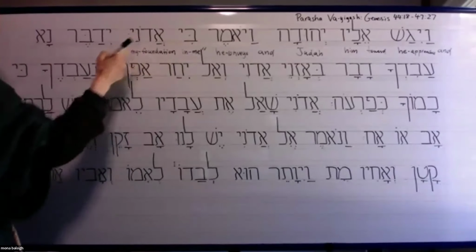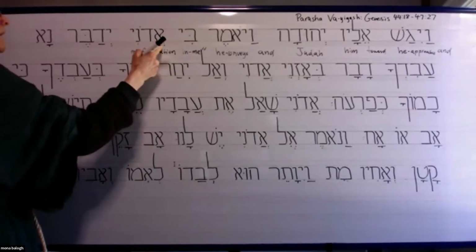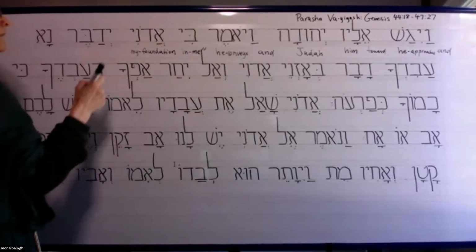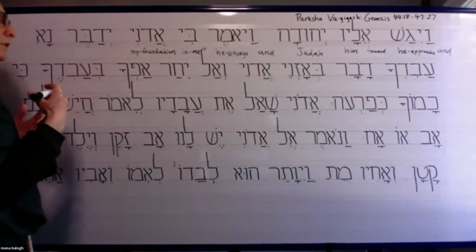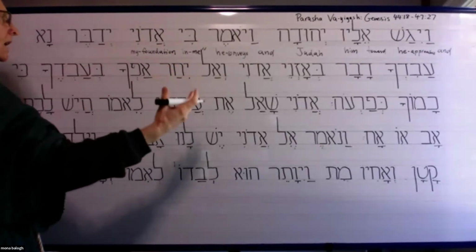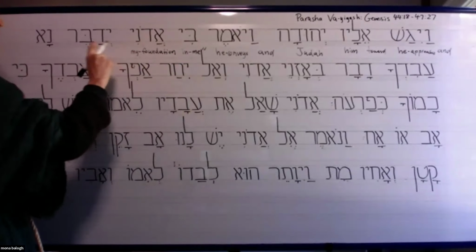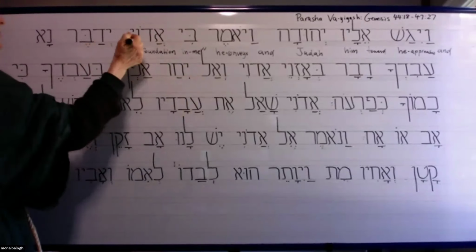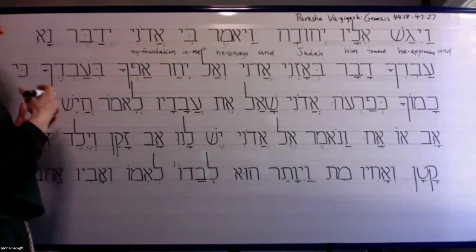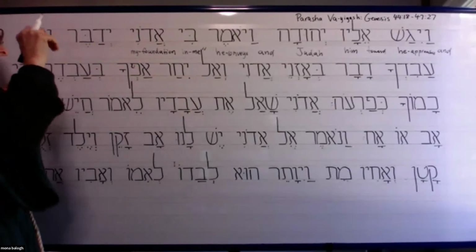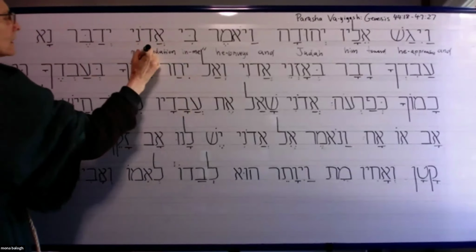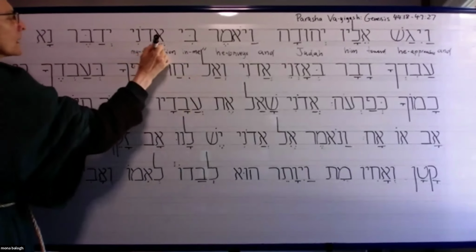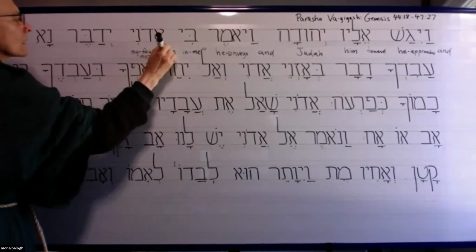And here you've got this hirek, so it's pronounced Adoni. But when somebody's talking to God, they say Adonai, exactly the same word in the scroll, but instead of a hirek. Adoni means my Lord with a little L. That's the way it's translated, Lord.